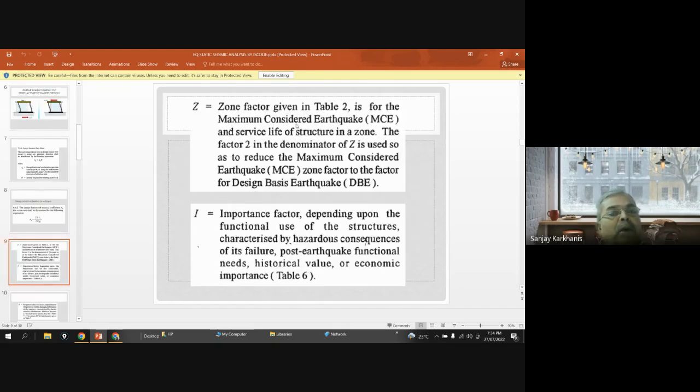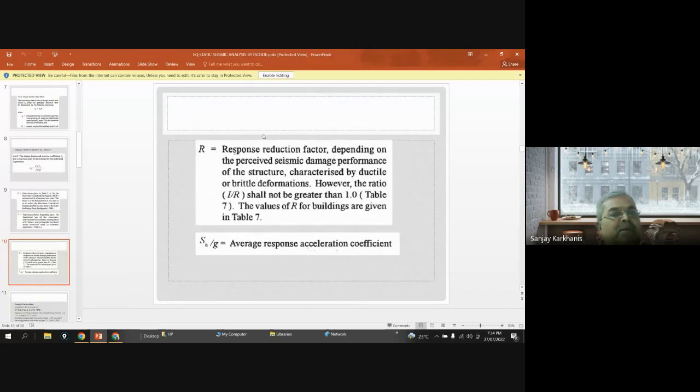Then we have understood what is Z, what is I, and what is R, how this R is important, and its conceptual understanding. All that we have seen, and now we are going to look into this SA by Z, the average response acceleration coefficient.